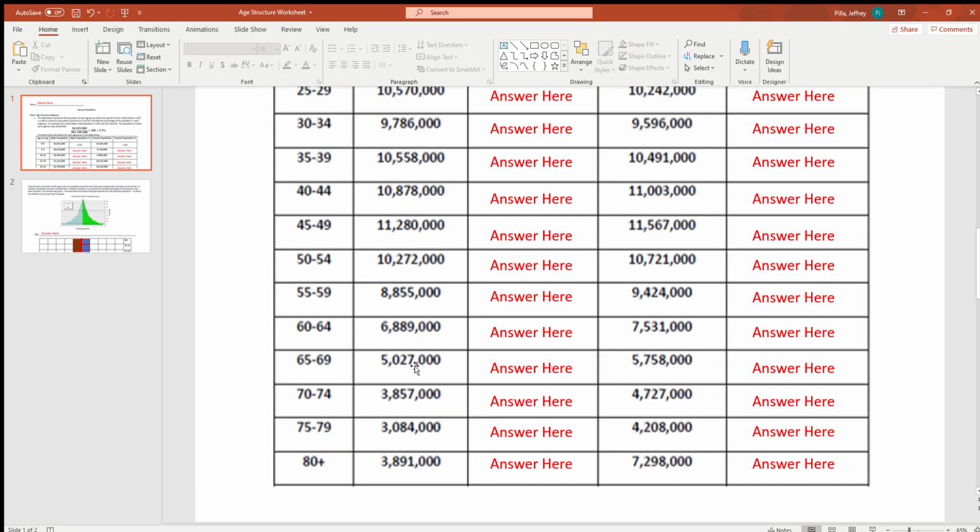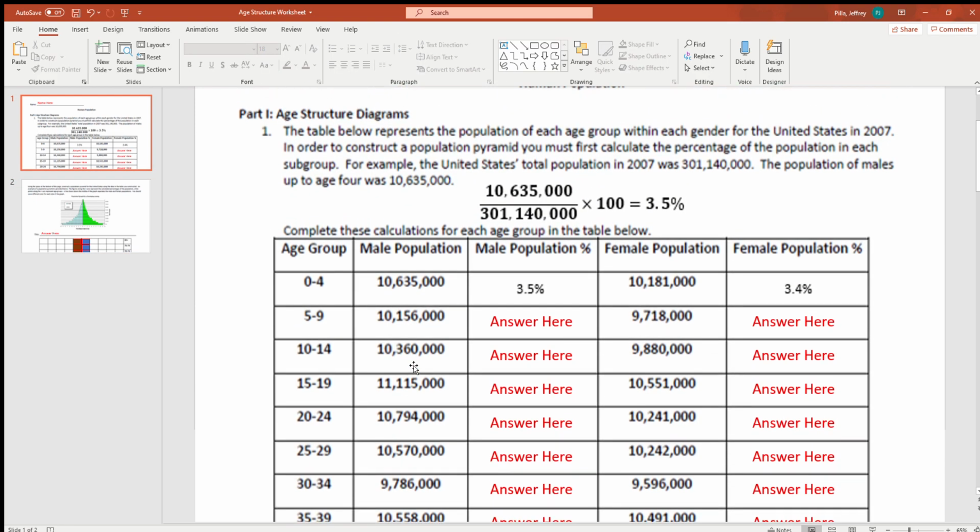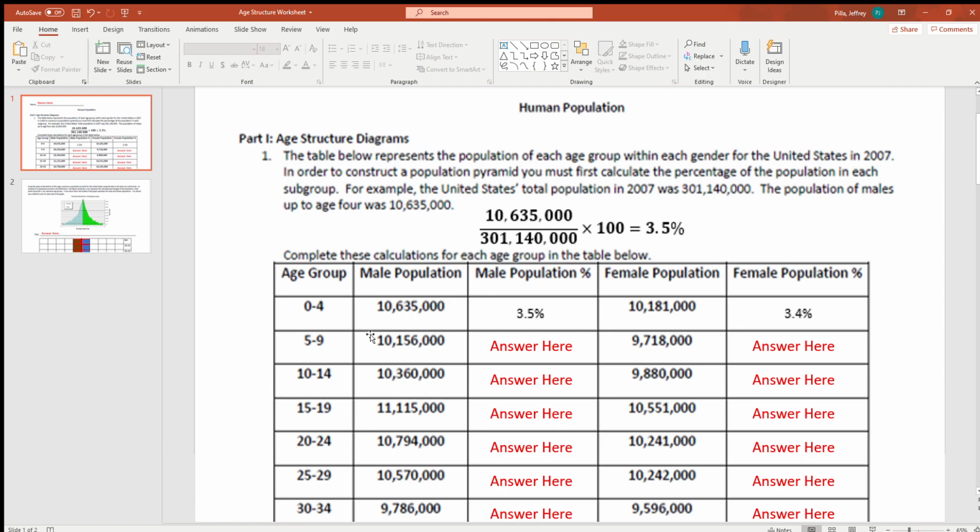So let's do this as an example real quick. We'll do males between 5 and 9. The male population between 5 and 9 was 10,156,000. So if we take out our calculator, and you can do this with me, just so you make sure you get the same answer.